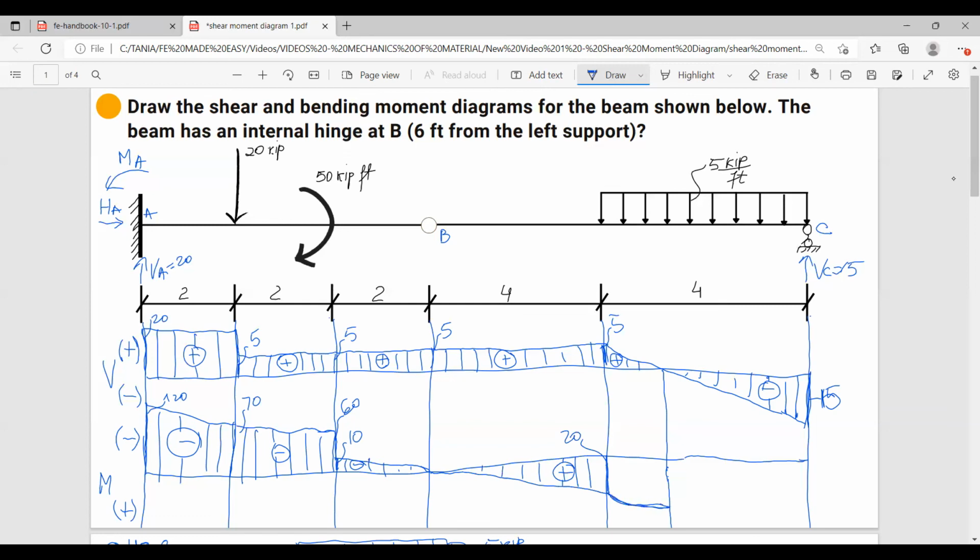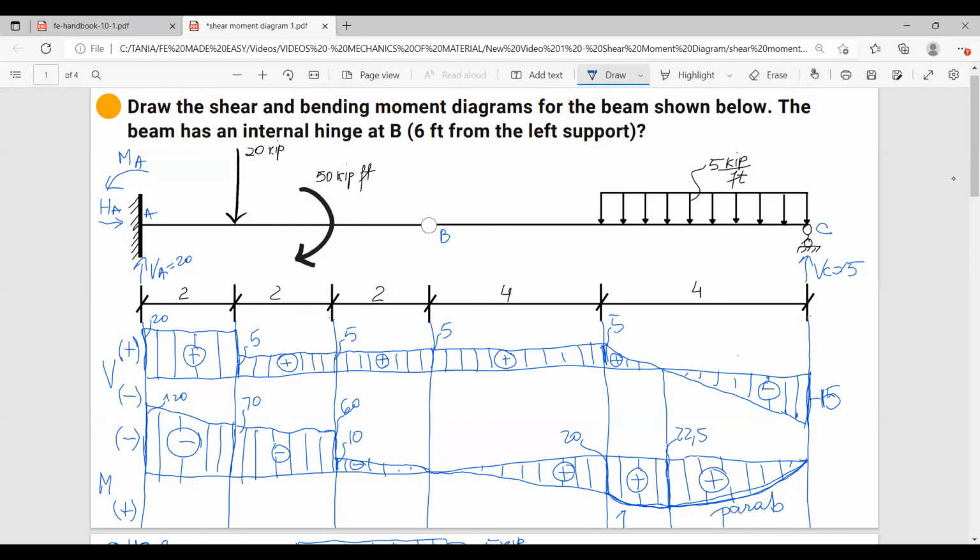Again, this is not that great, but then this value is going to be 22.5, and it is positive and it's parabolic. And from here to here, this area is 22.5, and we're going to end up at 0. And again, maybe I should make it more parabolic. Again, positive. End up at 0. So the diagram for the entire beam, it's going to look like this.